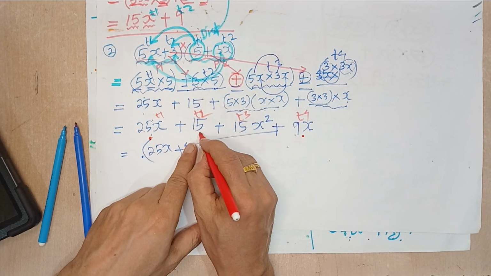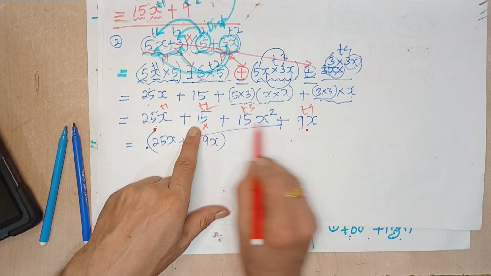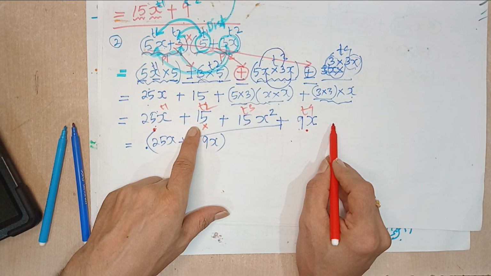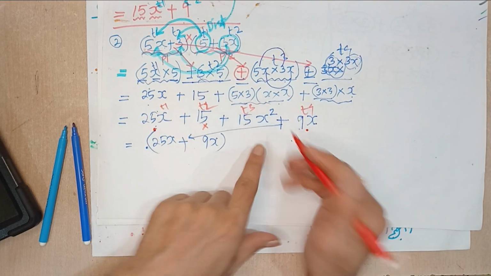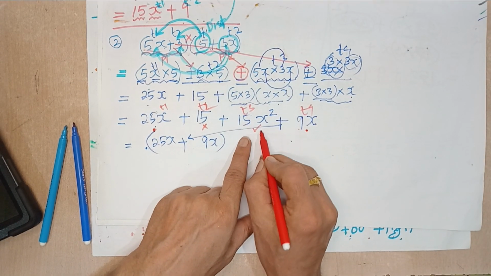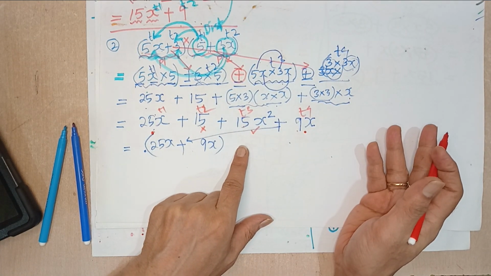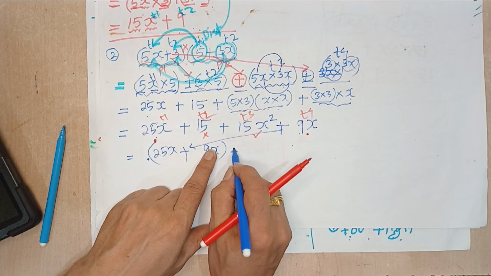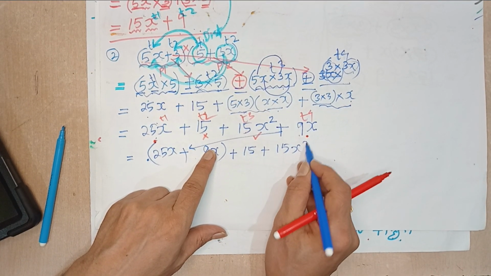Now if I put a cross below 15, are we having any other constant to the right? No. So that is not like any other term. Now if I put a tick below 15x square, do we have any x square term after? No. So they are to be kept as it is, 15 and 15x square.